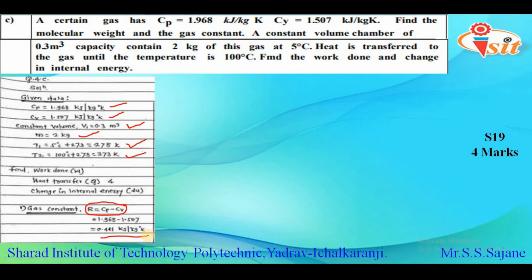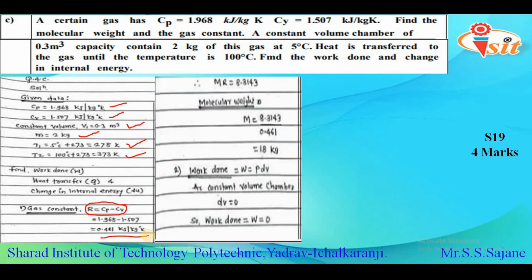So we have obtained the value of gas constant. Now to determine the value of molecular weight, we will use the formula which we have studied in relation with universal gas constant and characteristic gas constant. We know that the universal gas constant is the product of characteristic gas constant and molecular weight. So by using this formula, we can calculate the value of molecular weight.